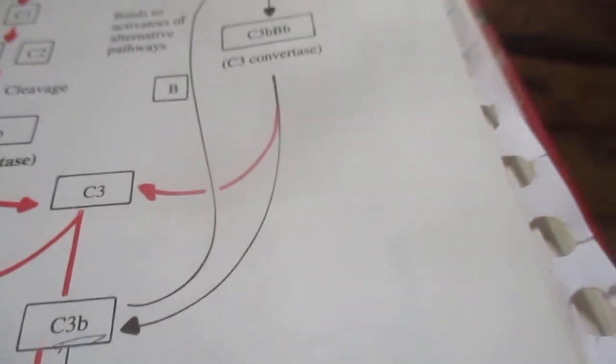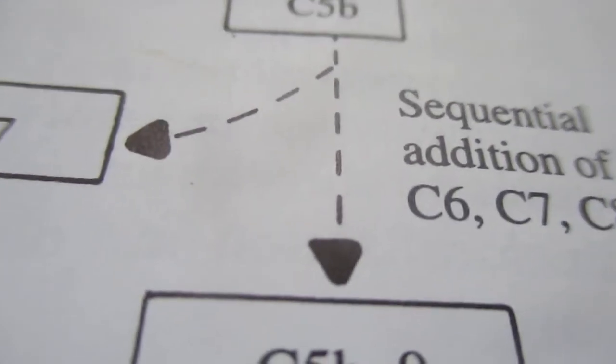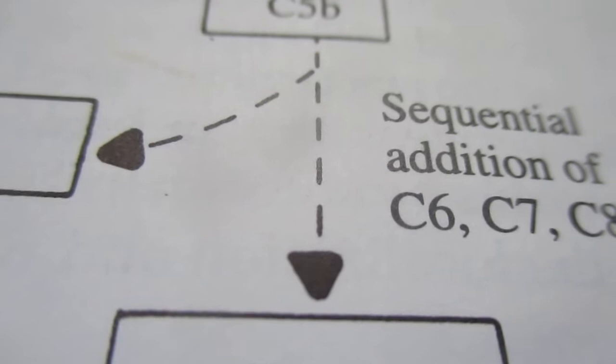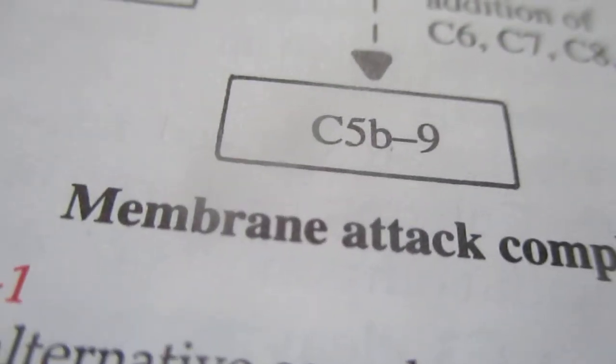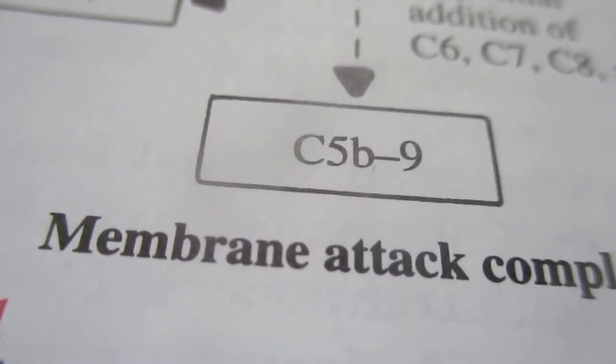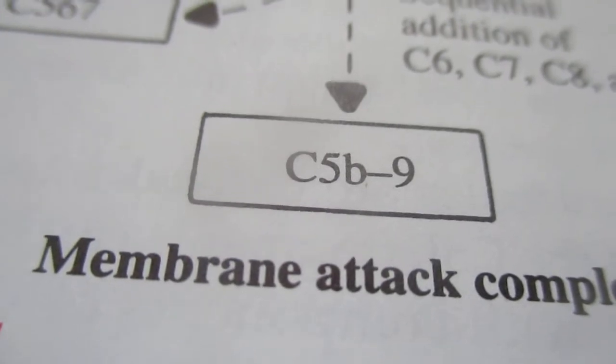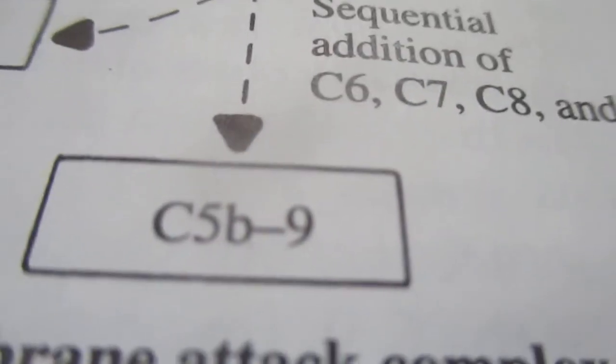And this ultimately affects the permeability of the cell membrane. This affects the flow of water into the cell, thereby causing lysis of the cell. It's called the membrane attack complex. Right there.